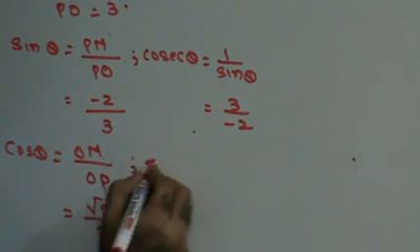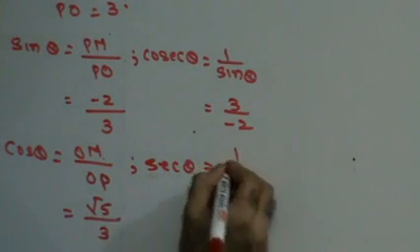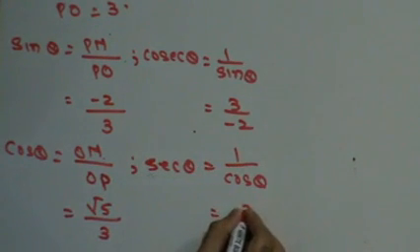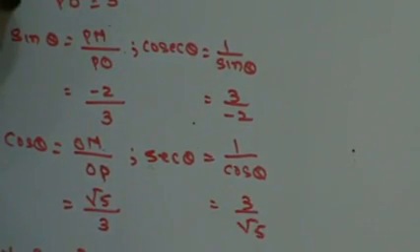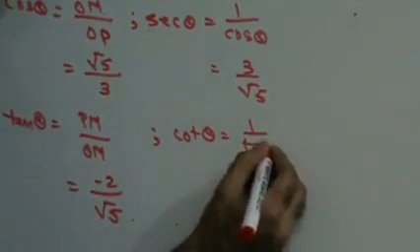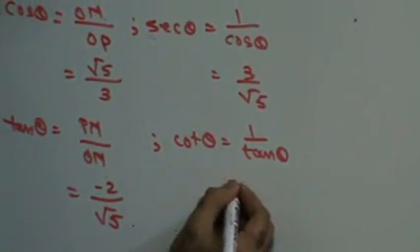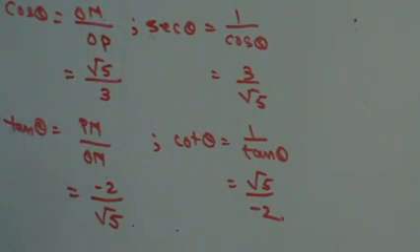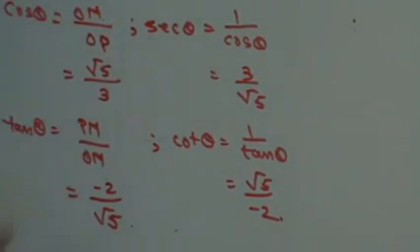Similarly, sec theta is 1 upon cos theta, so that is 3 upon root 5, and cot theta is 1 upon tan theta, which is root 5 upon minus 2. That's how we find all trigo ratios for a given point. Guys, take down the next sum please.